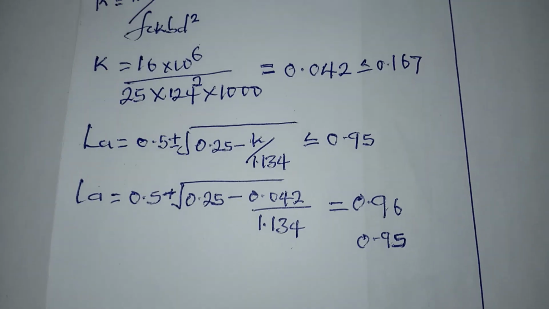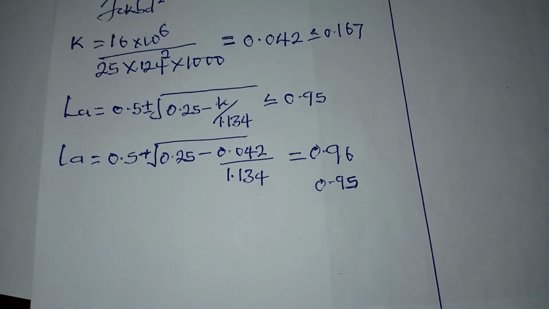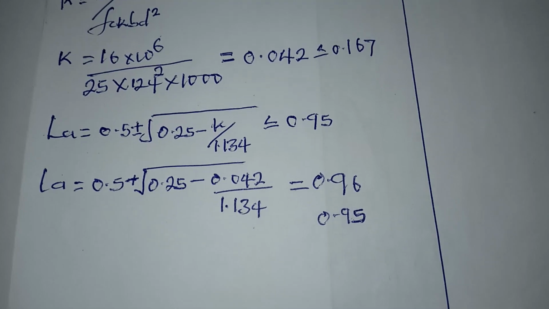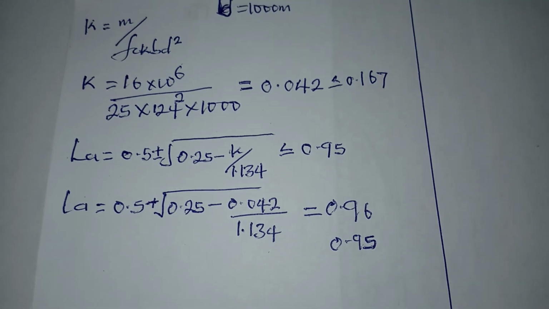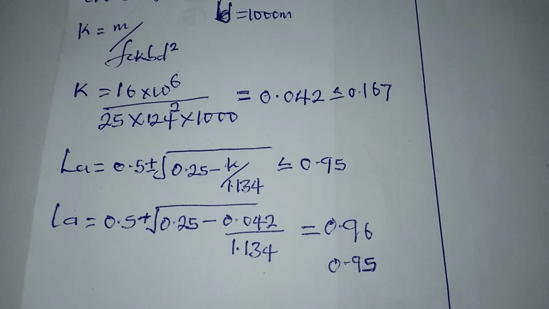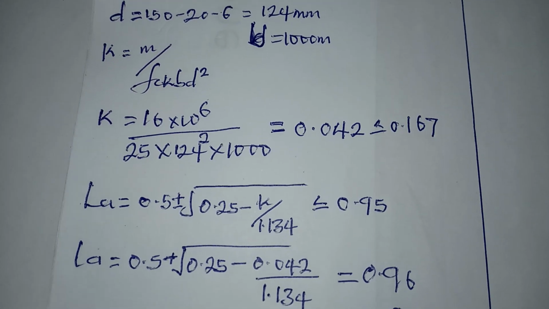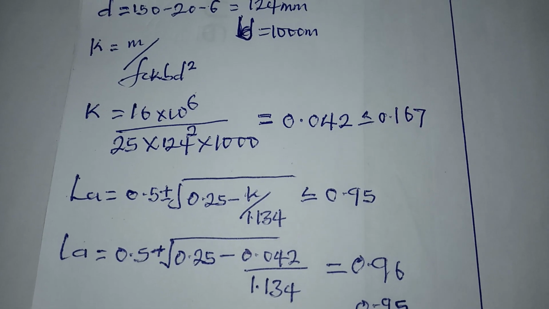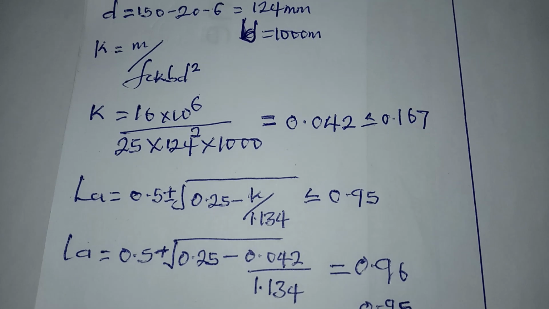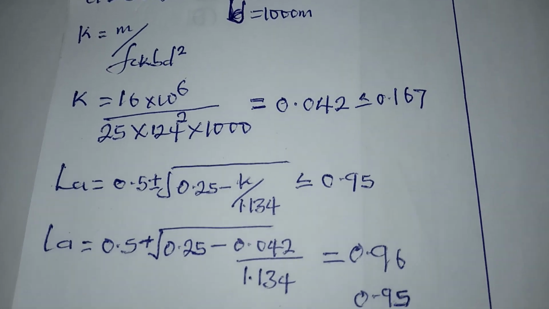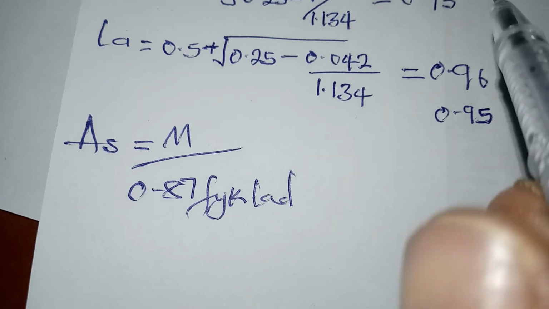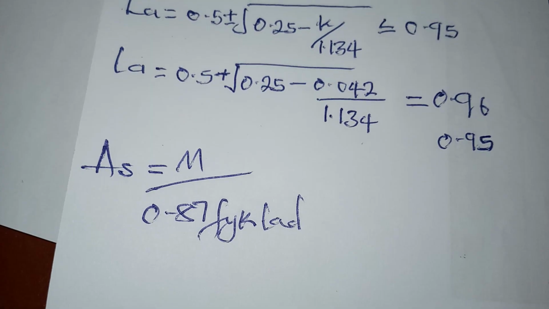So the next step would be to proceed to get the area of reinforcement needed for this particular slab per meter. So we are going to be using this formula: As is equal to M all divided by 0.87 fyk, lever arm and the depth. So we are going to be substituting all that we have calculated so far into this equation.